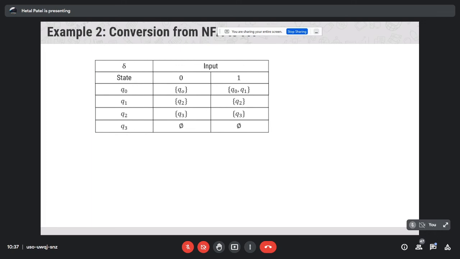Okay, so now this is another example I'm giving to you. This is a transition table given for the NFA with the states Q0, Q1, Q2 and Q3, right? With these states we have the transitions on the 0 and 1 inputs.